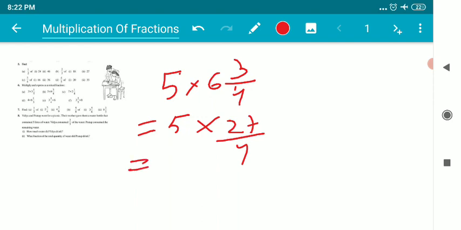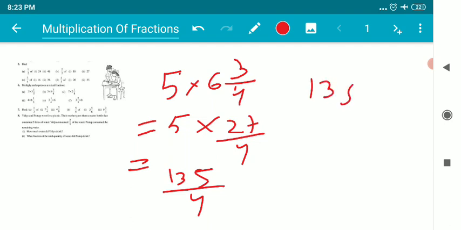Now as we all can see, 4 and 27 cannot be cancelled, 4 and 5 cannot be cancelled. So I'll just simply multiply 5 into 27. 5 into 27 is 5 7s are 35, 5, 3 will be carried, 5 2s are 10, 11, 12, 13, 135 by 4. Now children, it's time to bring the answer into mixed fractional form.